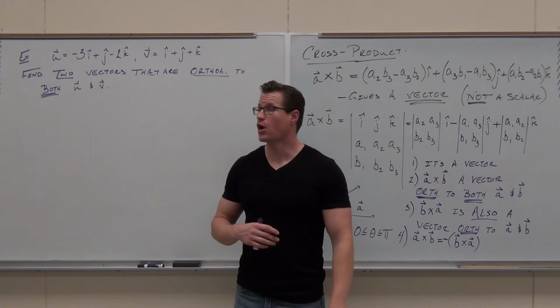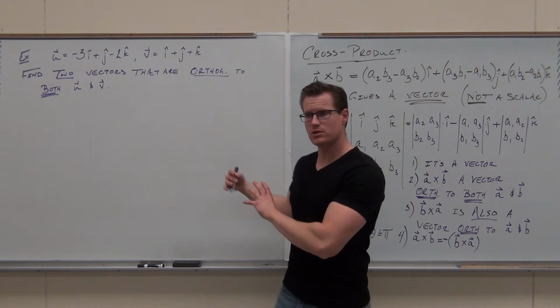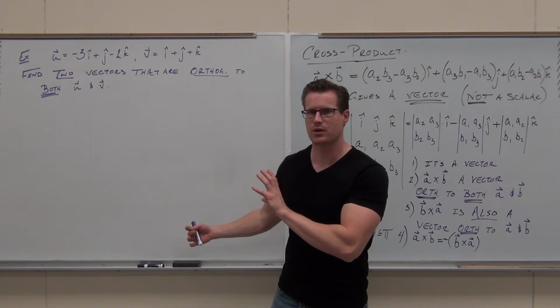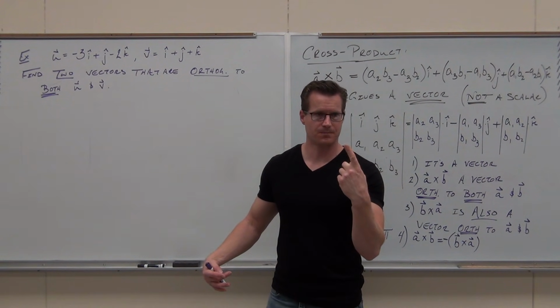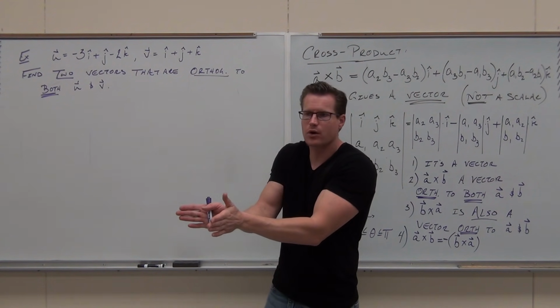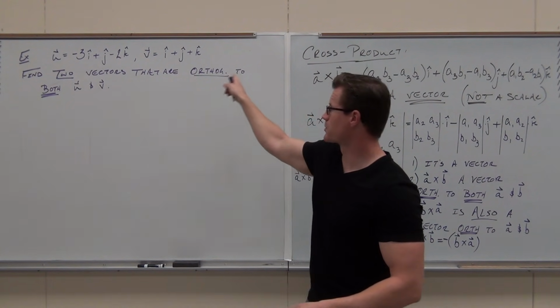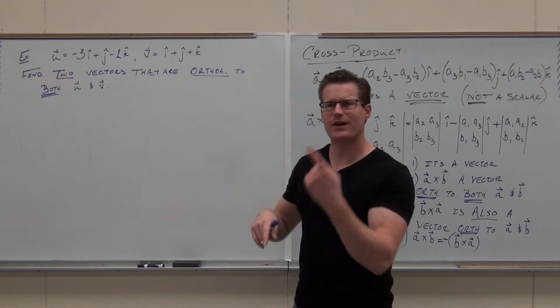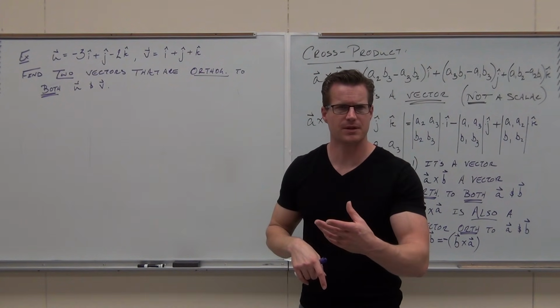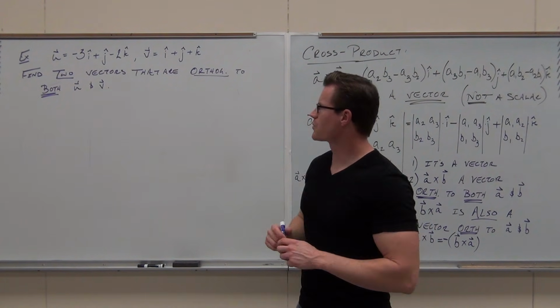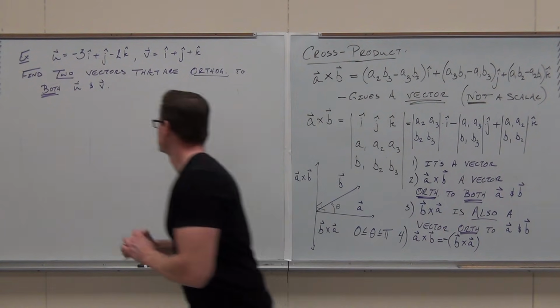The cross product. That's all I'm asking you. So whenever we do the cross product, we are finding a vector that is orthogonal to both the given vectors. So let's find a vector that's orthogonal to both u and v. Let's find one of them and then go from there. So let's cross u and v.